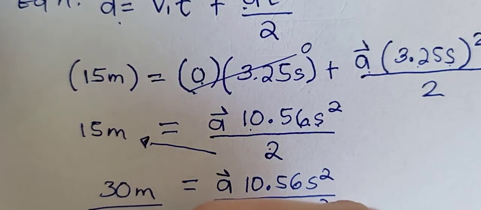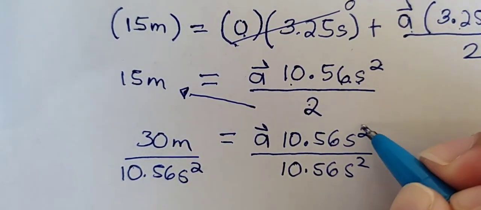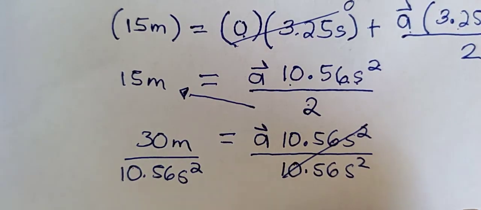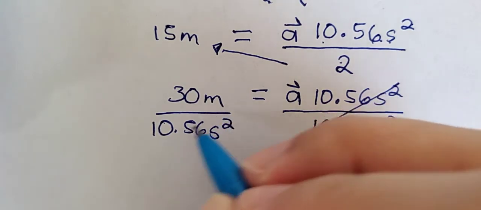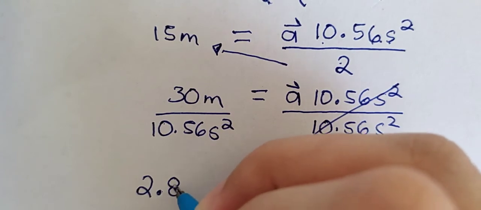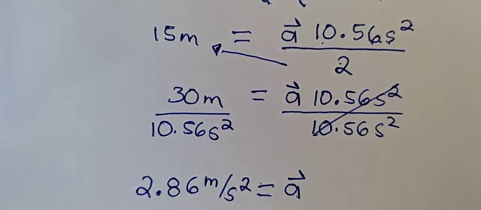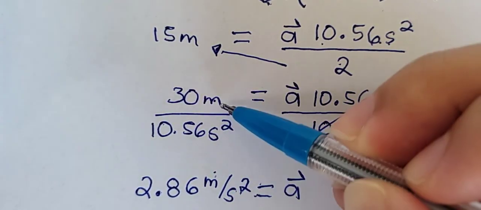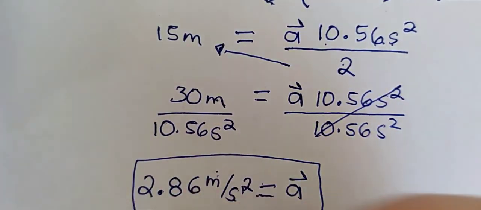What we can do is cancel 10.56 s squared on the right side of the equation, and what is left is the symbol for acceleration. 30 meters divided by 10.56 s squared will give you 2.86 meters per second squared. Paano nakuha yung meters per second squared? Nanggaling siya sa meter sa taas, tapos yung s squared yung nasa baba. So this is the acceleration of the jeepney.